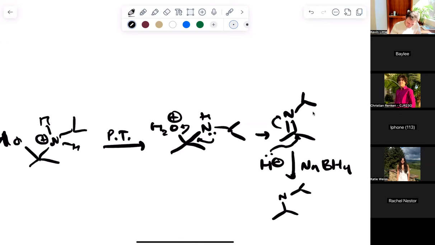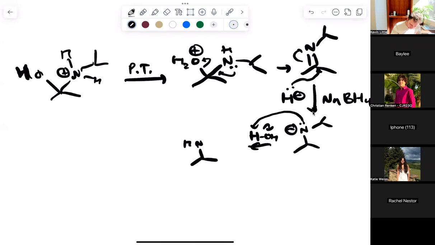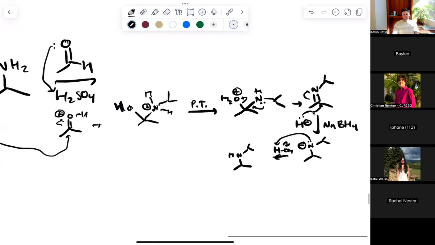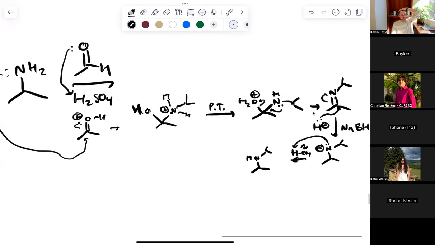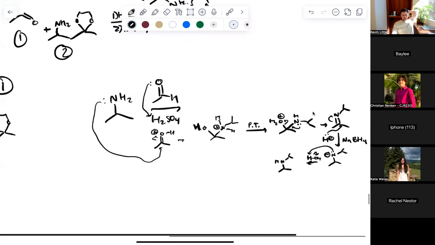Since that imine is similar to a carbonyl, it acts as an electrophile, and you get this. So these are all reactions we've done before. We're just doing them all in one thing. Right? You form the imine, then you reduce using sodium borohydride.